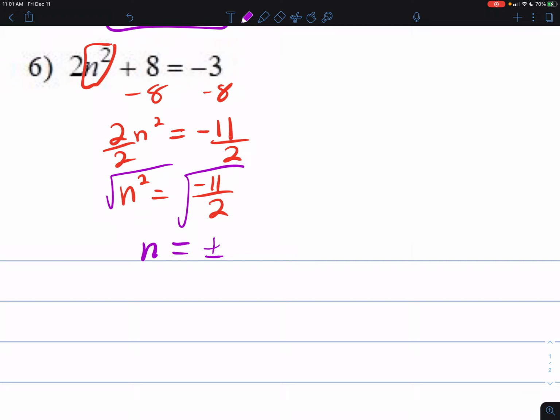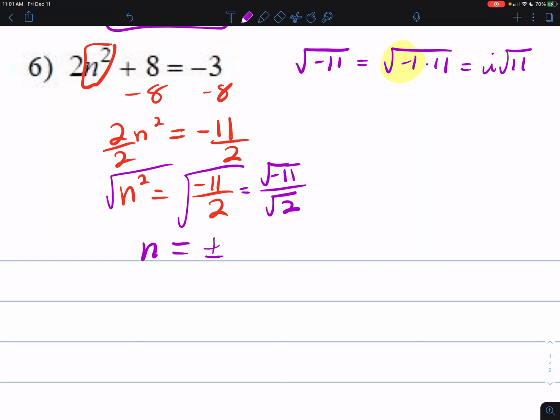So let's take a look. We take the square root at the top and the bottom separately. So that's a negative 11. So the square root of negative 11 becomes negative 1 times 11 because it's negative. And the negative 1 is our i. 11 is prime, so there's no need to break it up. And we carry over our square root of 2.